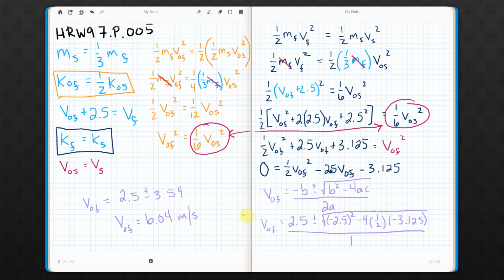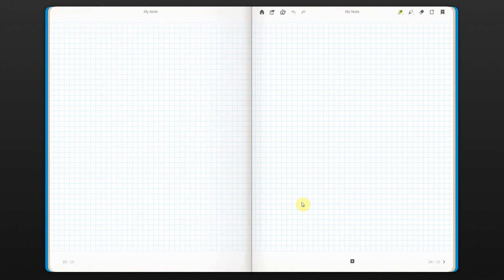To get the other one, I go back to one of our equations. Well, how about this one? And I've run out of room, so I'm going to turn the page. Okay, I know that the initial velocity of the father squared equals 1/6 the initial velocity of the son squared. So to solve for the initial velocity of the son, I'm going to multiply both sides by 6.